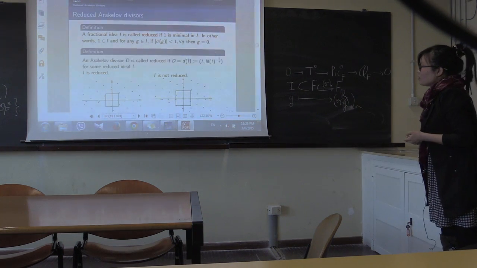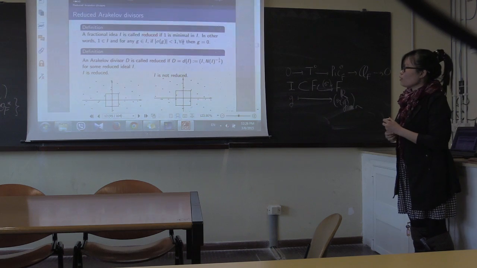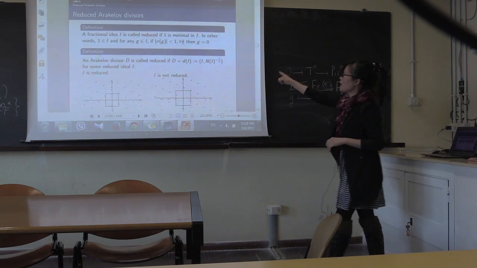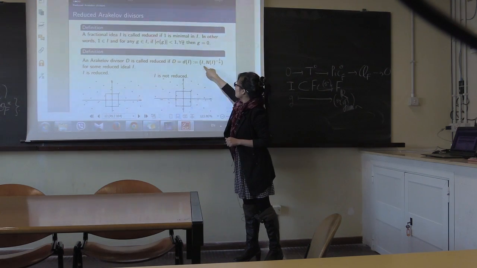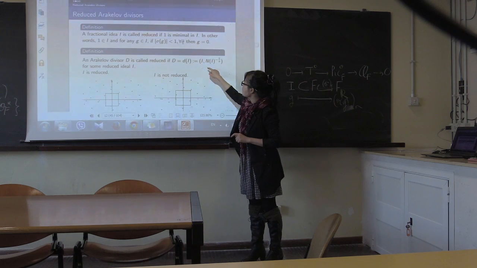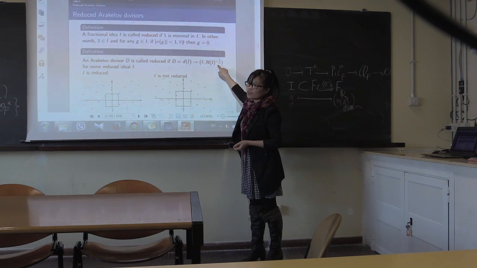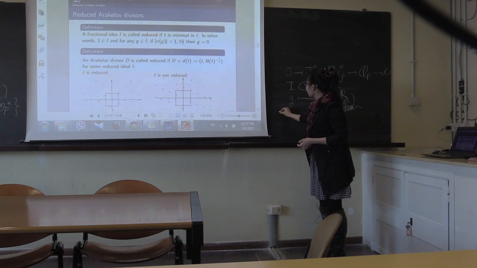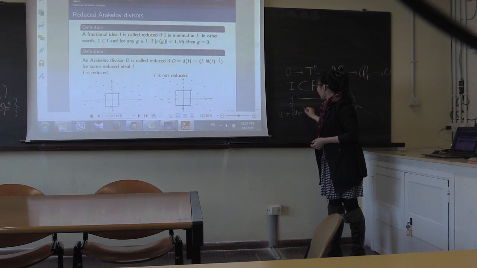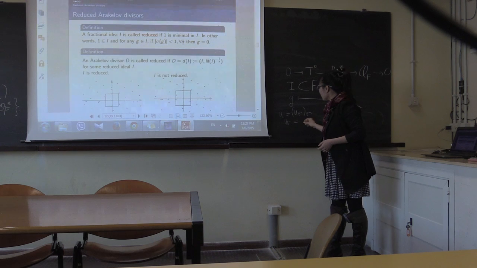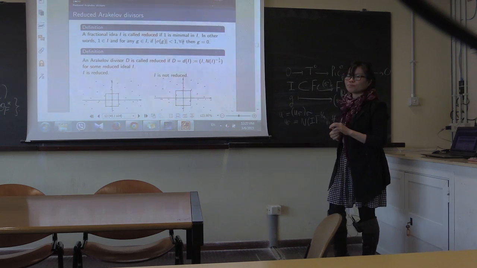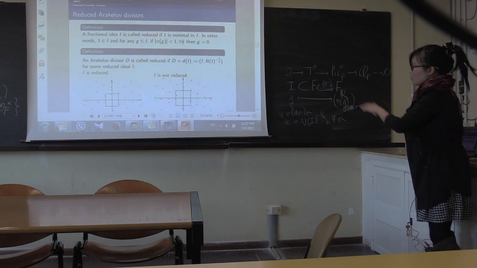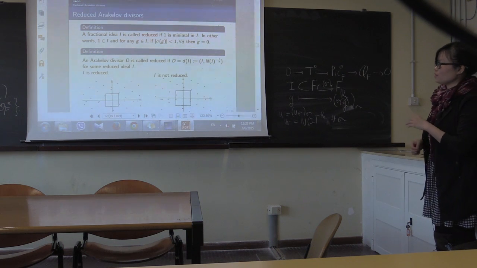An Arakelov divisor is reduced if it has the form D_I, the Arakelov divisor defined by the Hermitian line bundle I and u. The second component has the form u sigma with all coordinates the same, so this only depends on I, for some fractional ideal I which is reduced.